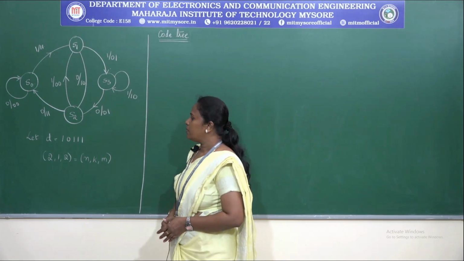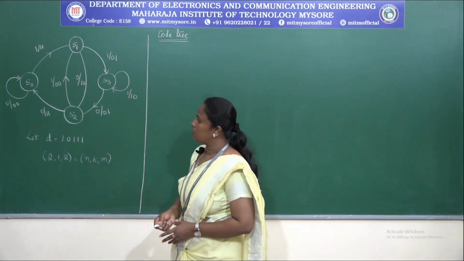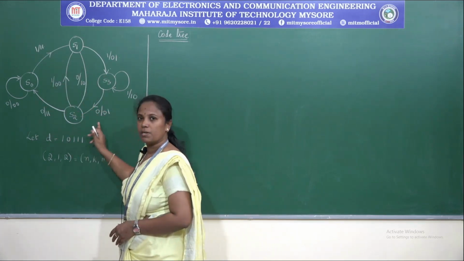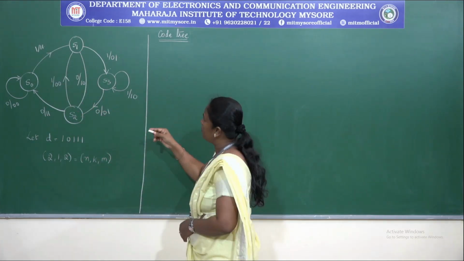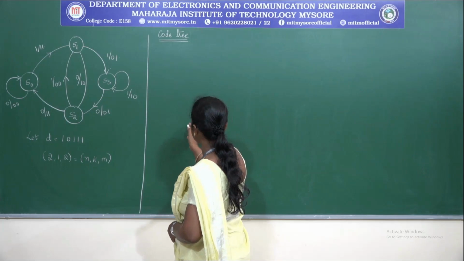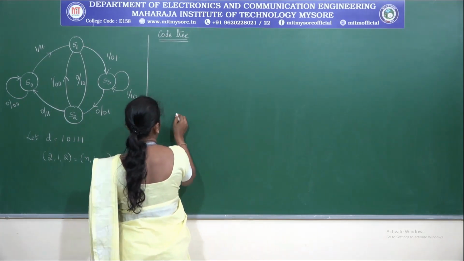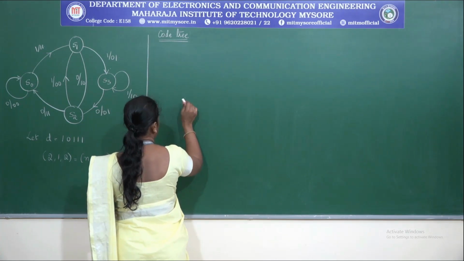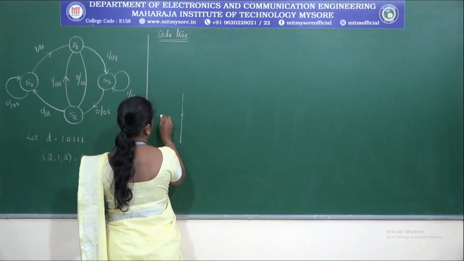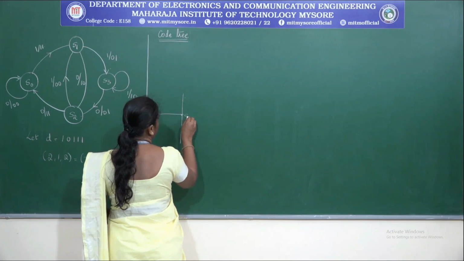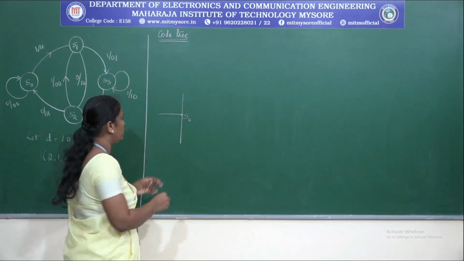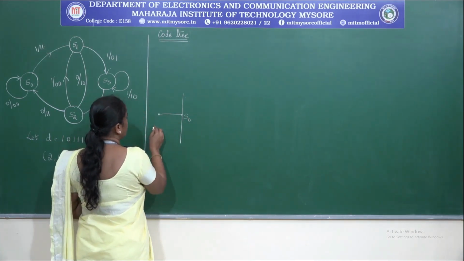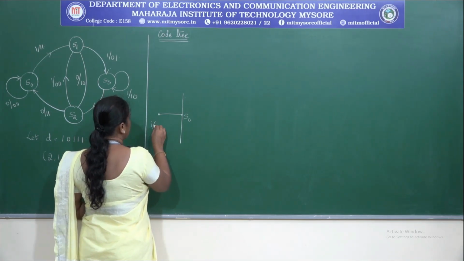Now we are going to construct the code tree by looking into this particular state diagram. First the state is S0. So this is your state S0 and you are going to input the message.